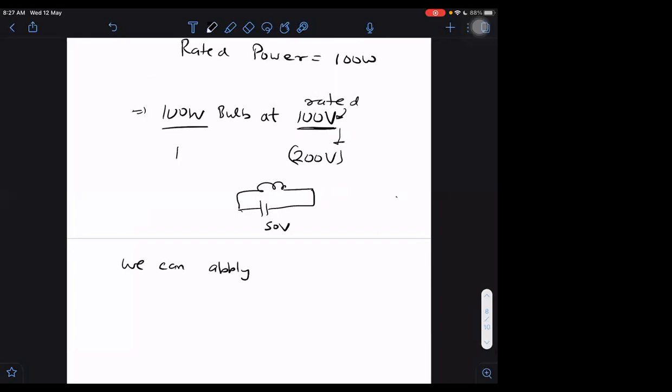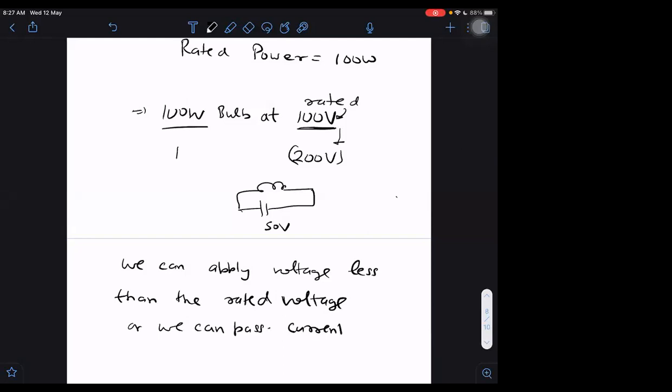So we can apply voltage less than the rated voltage, but not more. Or we can pass currents less than rated currents.